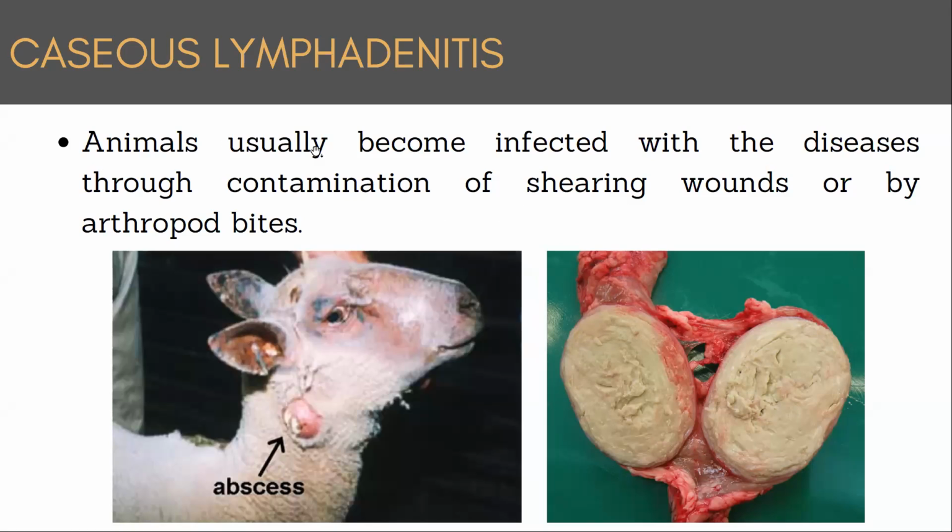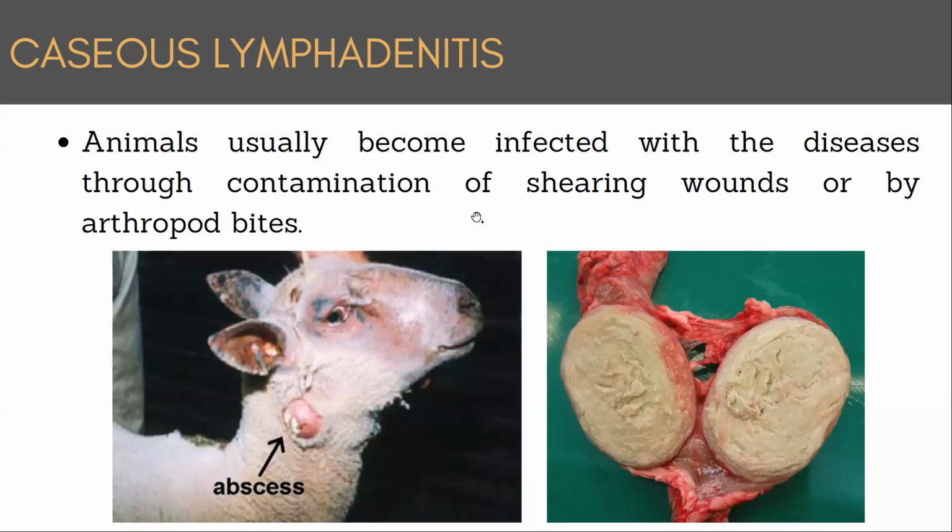So, animals affected by the disease usually become infected with the disease through contamination of shearing wounds or by arthropod bites. So, possible na magkaroon daw ng contamination. Halimbawa kapag shear, inalis mo yung wool ng sheep mo, tapos, in between the sheep, hindi mo nilinis yung pag-alis mo ng wool.